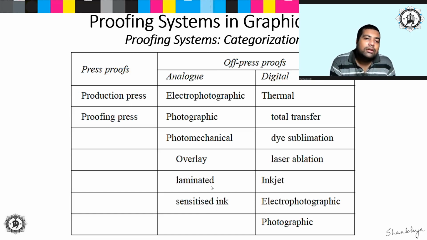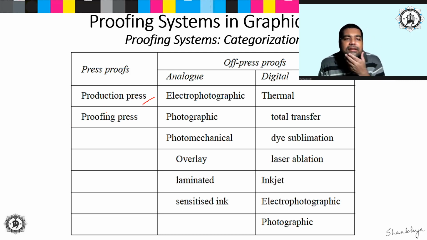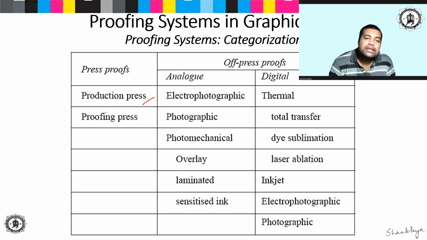One you can do is the production press, as I was talking about before, where you use your offset machine only to get proofs, but this is a very inefficient technique actually. There are some other techniques that we'll be talking about: electrophotographic, photographic, photomechanical, thermal, inkjet. All these we'll be talking about during this series of lectures on proofing.